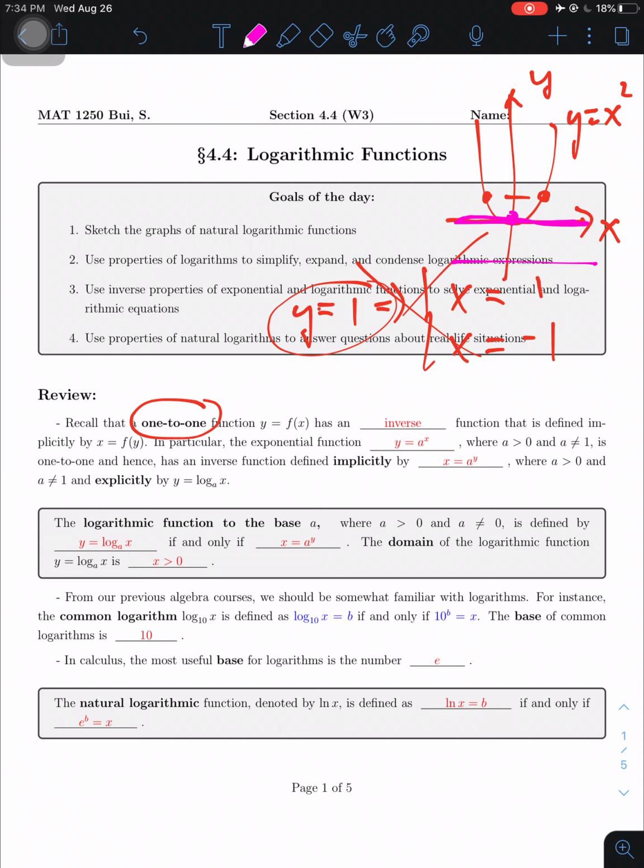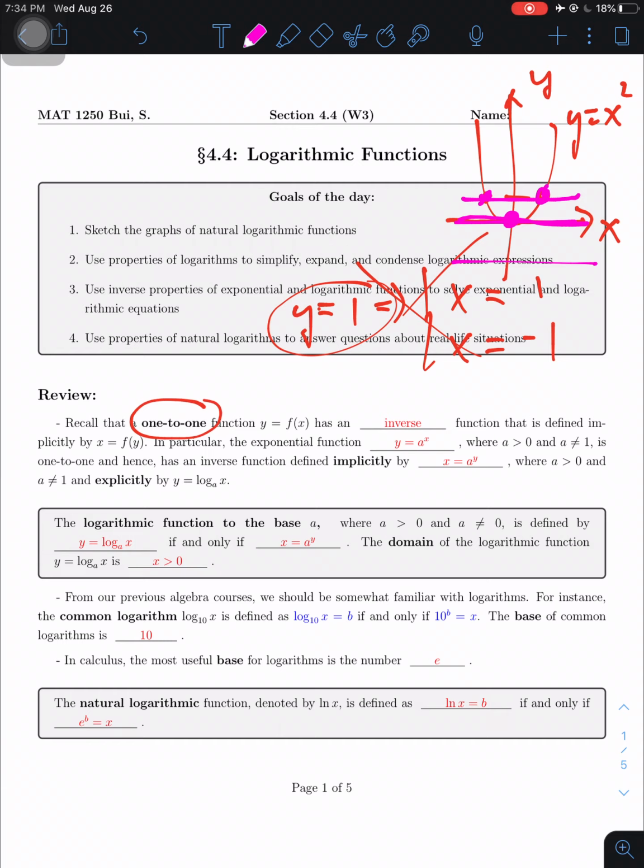But if you move a little bit more, if you go up here, then it touches your graph twice, one in here and the other one in here. So it passes your graph more than one time, which tells you that this graph failed to be a one-to-one function.